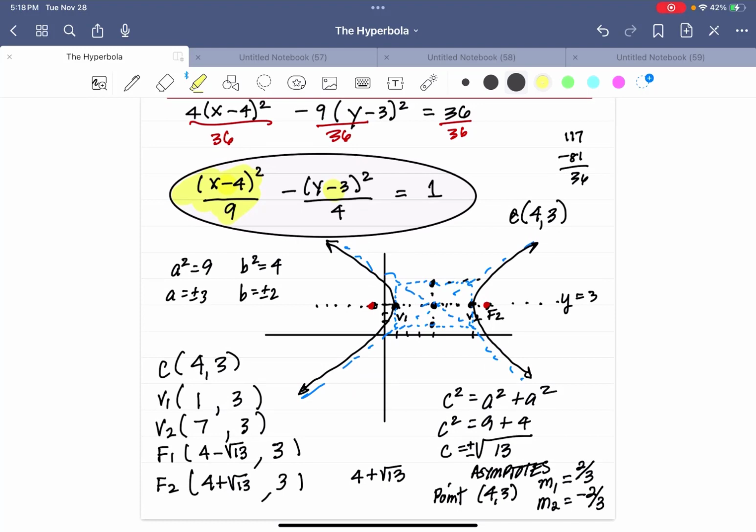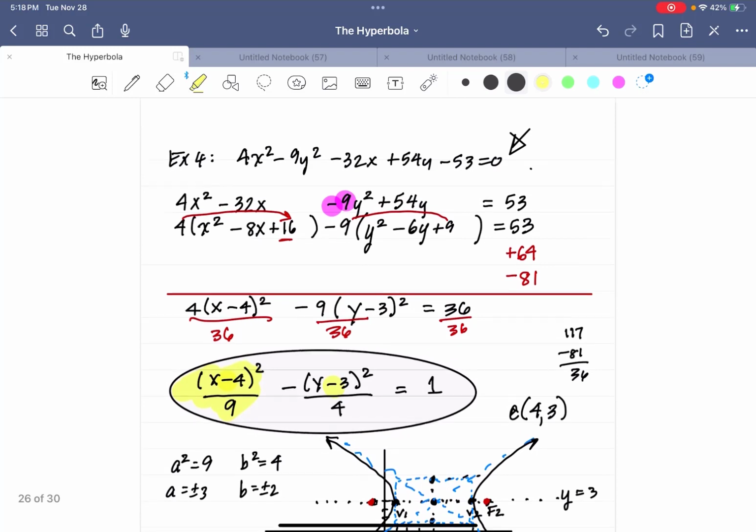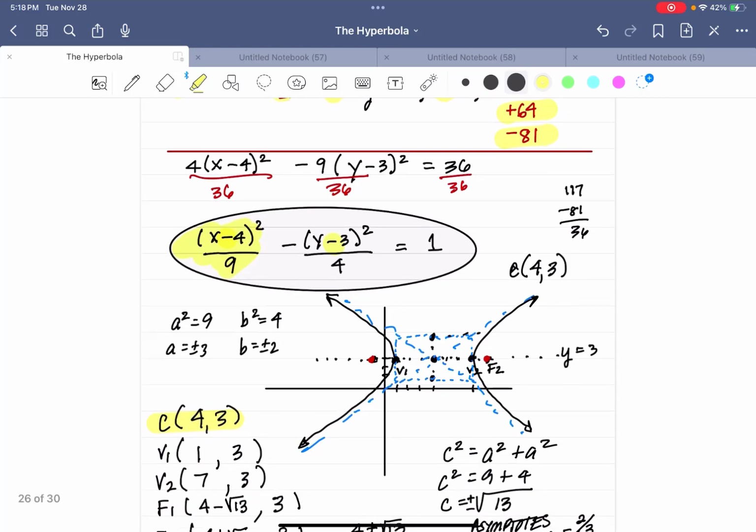So in summary, we found the center after we completed the square. And I think the most probable place you'll make a mistake is adding a 16 and a 9 instead of a 64 and a negative 81. So you got to be really, really careful with that part.